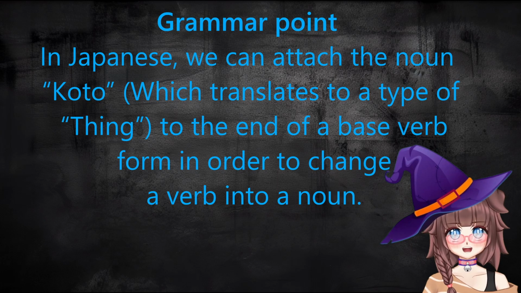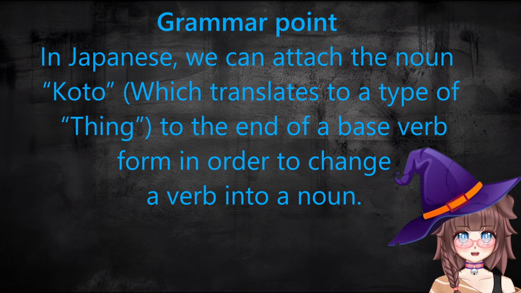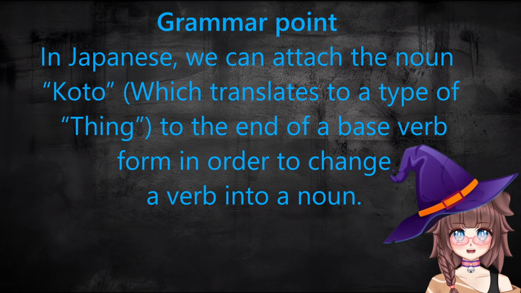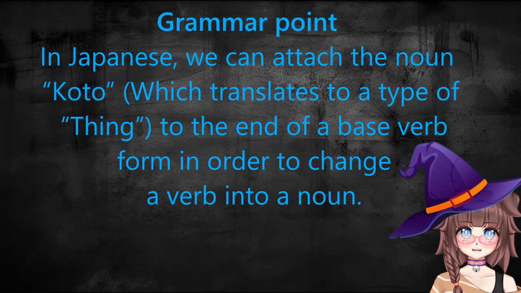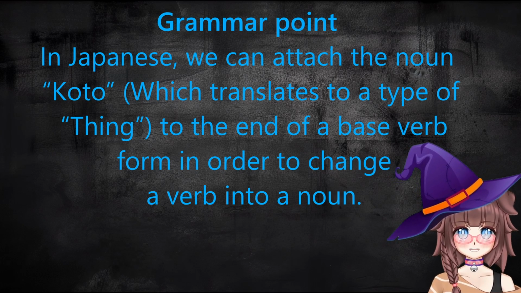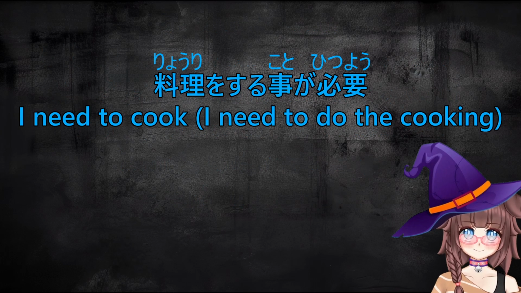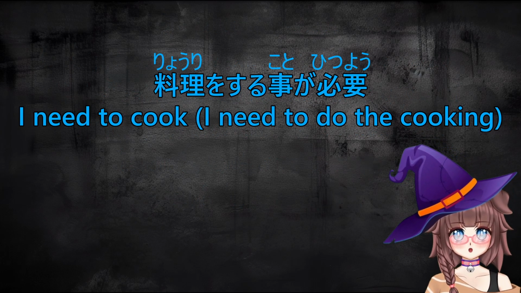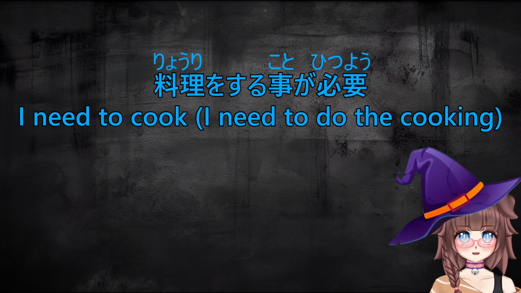We can add the small noun koto to the end of our base verbs, which will actually convert the verb into a noun. And by doing this, we can kind of massage the verb to become the subject of a sentence, allowing them to take the ga hitsuyo construction. Let's take a look. 料理をすることが必要. We're using here our irregular verb suru to take the noun koto.